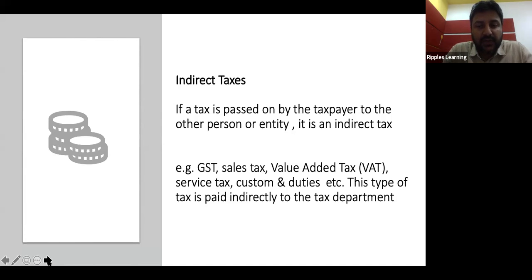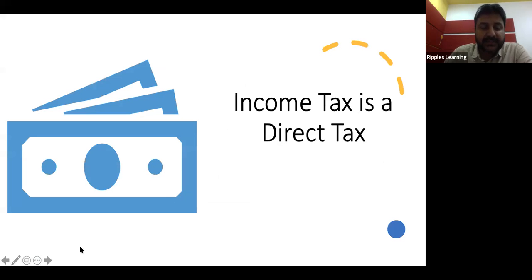So we have chosen a very brief description of creating a base of our understanding of taxes. So there are direct taxes and indirect tax. What kind of tax is income tax? Income tax is a direct tax, which is very, very important for us to understand.